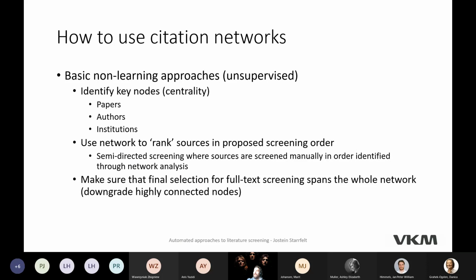You can look at which nodes are most linked to other parts of the network, like key nodes or centrality. If the nodes are papers, these would be papers from the whole collection that are deemed to have some sort of central information in them because they link to a bigger portion of the network than others.